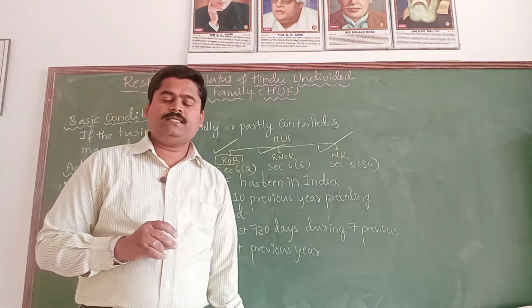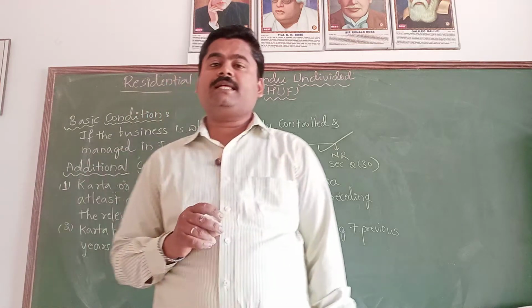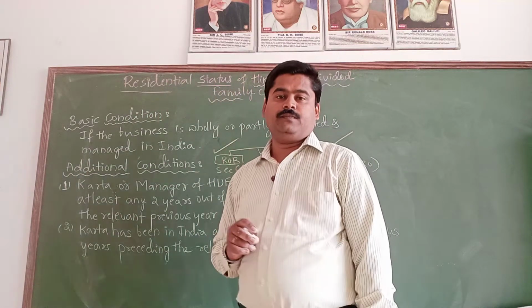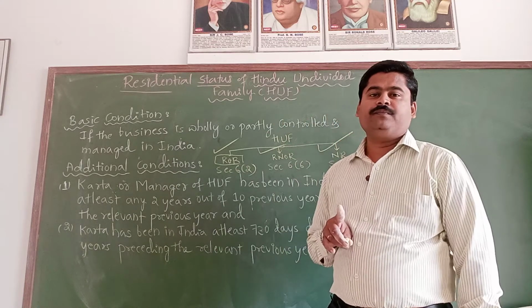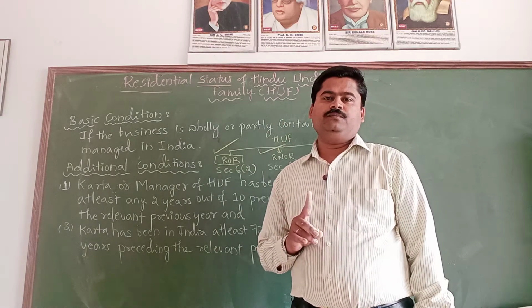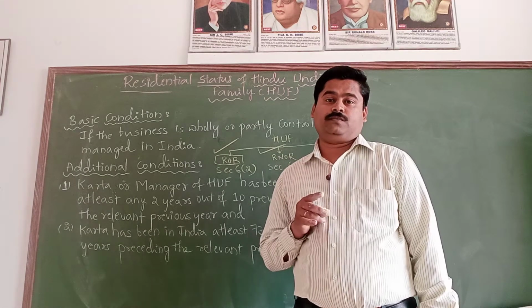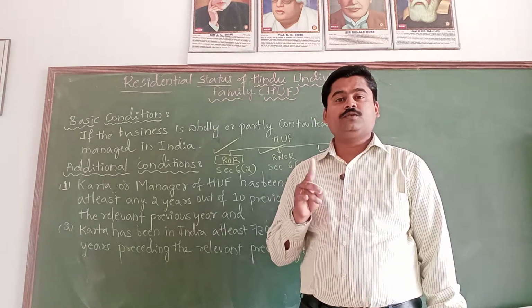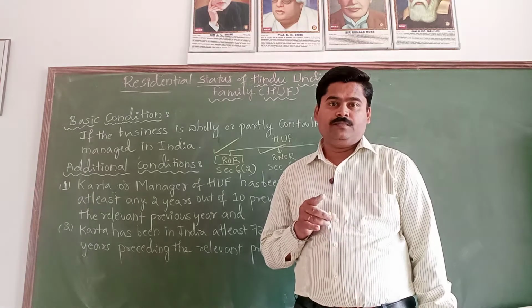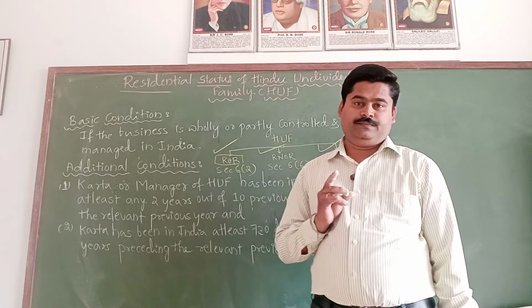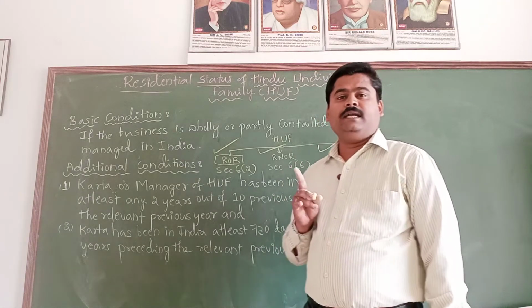As far as the resident, ordinarily resident is concerned, it has to satisfy the basic condition as well as both the additional conditions. Then it is so called as the resident, ordinarily resident. So what is that basic condition?